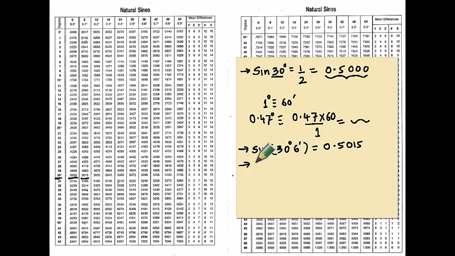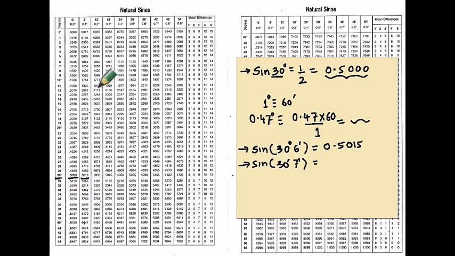Let's take another example. Say you want to find the sine of, and now this is very interesting, 30 degrees 7 minutes. Now you'll not see 7 minutes anywhere here, but we've got a trick. You will go to the number as close to 30 degrees 7 minutes as possible, which is 30 degrees 6 minutes.